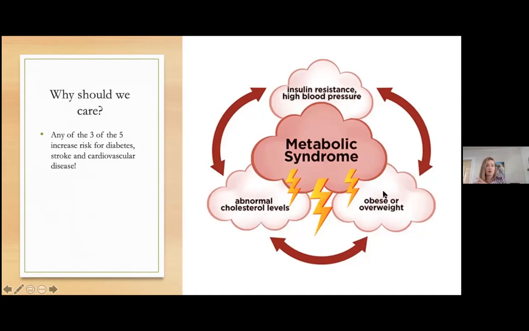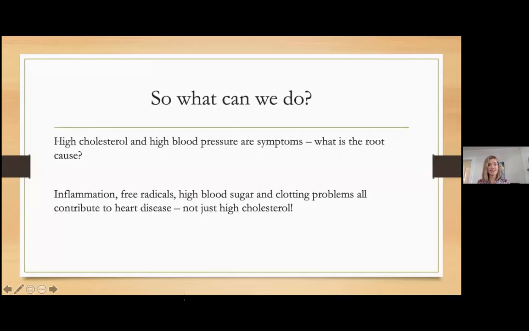Sometimes we become overweight, and then we get high insulin resistance, high blood pressure. High insulin can cause abnormal cholesterol levels sometimes. And so these all are tied together in metabolic syndrome. So what do we do about this, right? We know that high cholesterol and high blood pressure are perhaps symptoms, right?